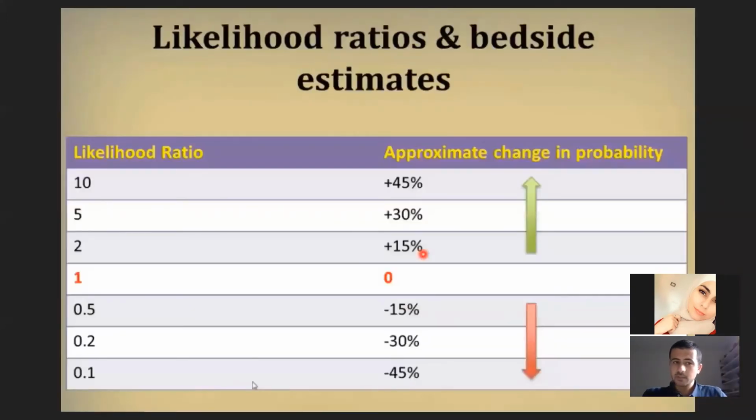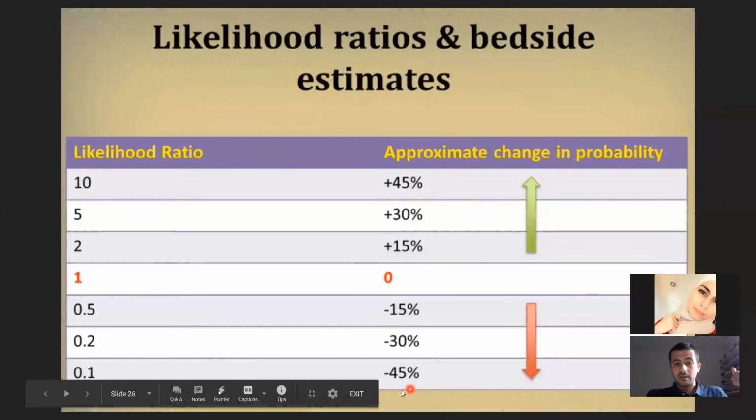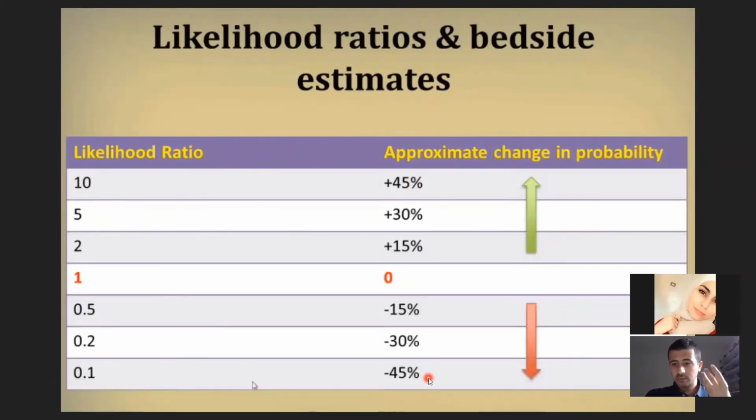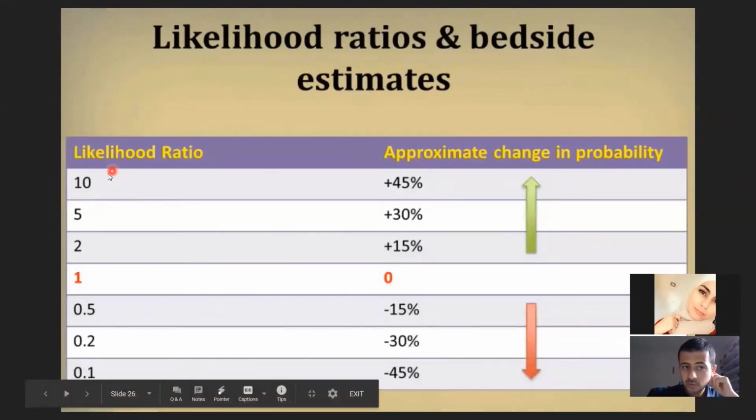For less accurate numbers, think about a test with a likelihood ratio of 10: we will have an increased probability of 45%. For a likelihood ratio of 0.1, I have a decreased probability of 45%. And actually, a good test is a test that has a positive likelihood ratio more than 10 and a negative likelihood ratio less than 0.1.